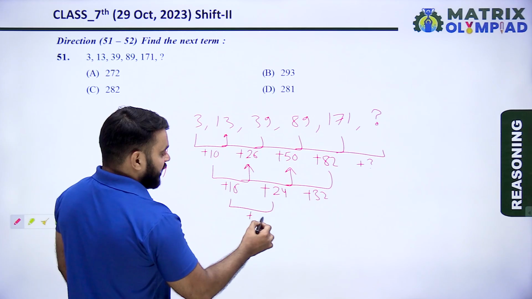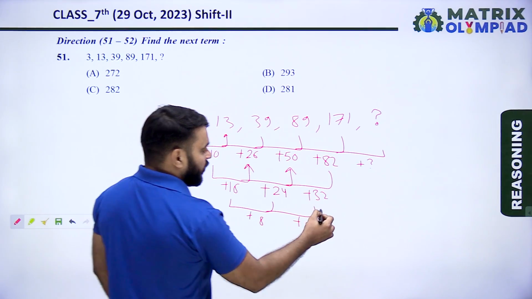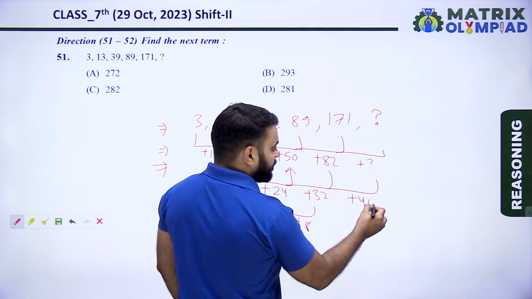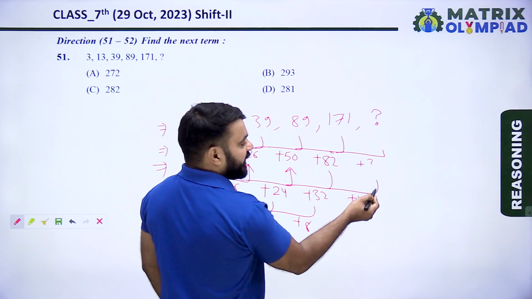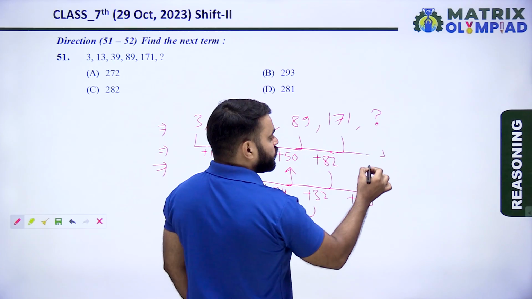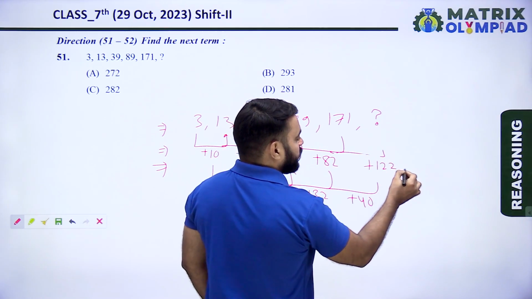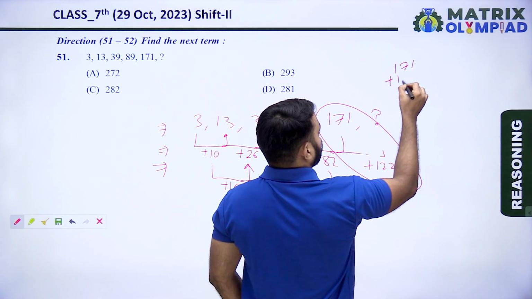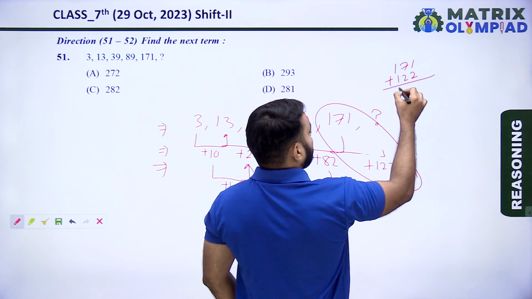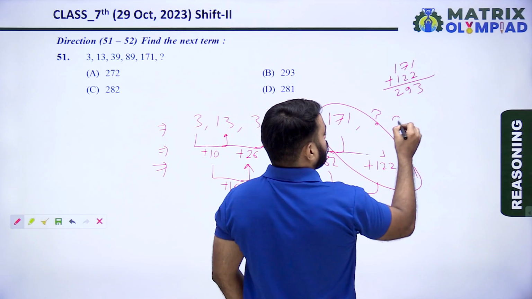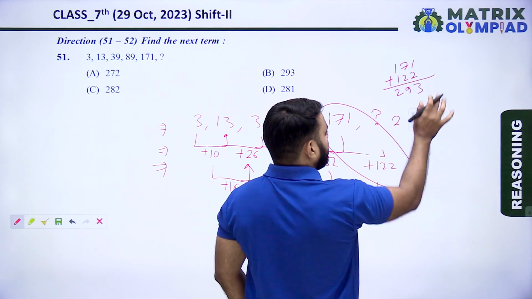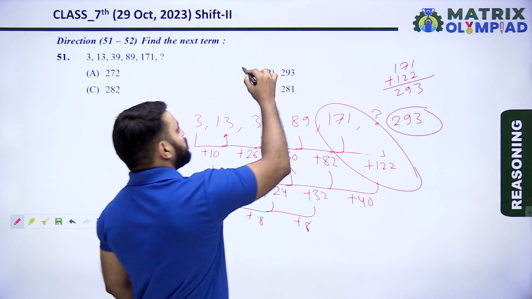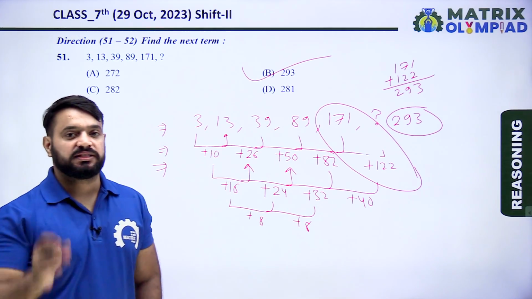So plus 8, now again plus 8, it means 82 plus 40, it means 122. So next term is 171 plus 122, so here 293. So 293 is the next term of the given series. So here option B is the correct answer of this question.